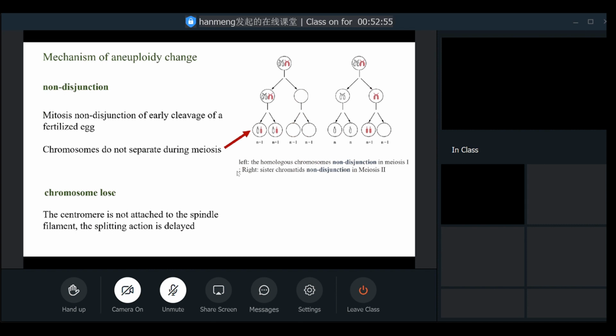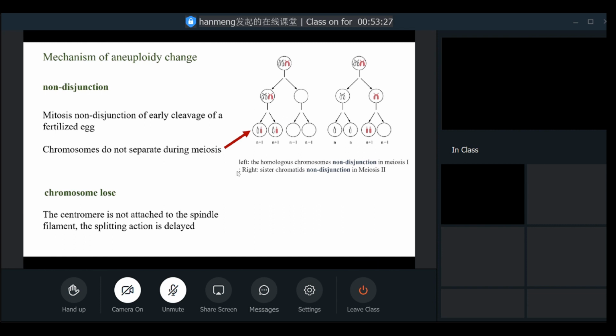As to the mechanism of aneuploid change, one is non-disjunction. It includes mitotic non-disjunction in the early cleavage of a fertilized egg. In this condition, the fertilized egg goes from one cell to 2, 2 to 4, 4 to 8.